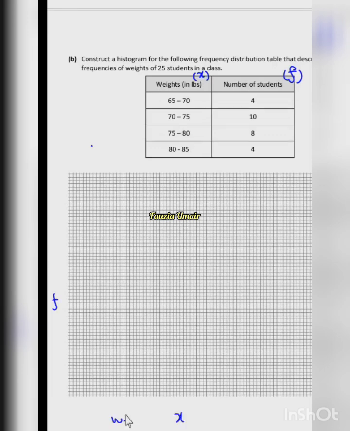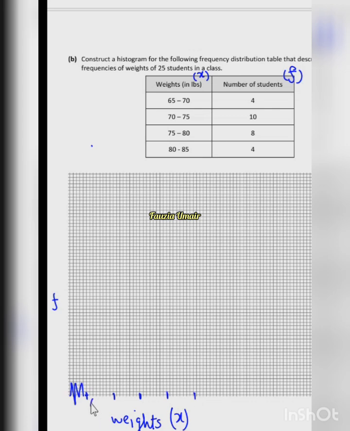So weight will be on the x-axis and the frequency would be on the y-axis. So now simply I will start with the x-axis and then I can make 4 groups. 1, 2, 3, 4. So this is kind of free marks in the paper.